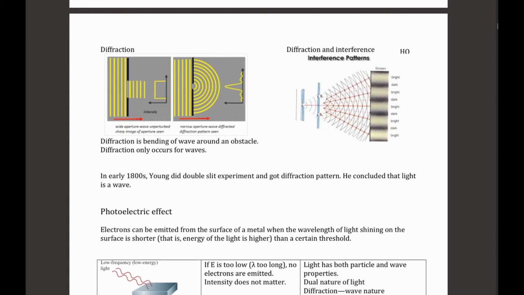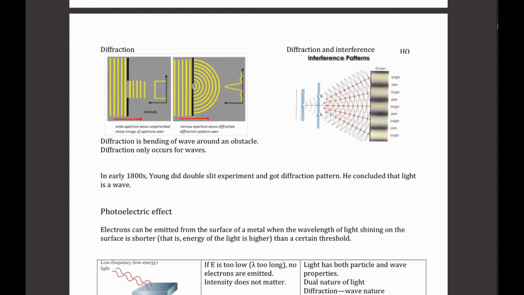Hold your fingers very close together and look at a light source. If you've got them close enough together, you will see this kind of fringe pattern. You'll see light, dark, and that's the interference pattern you're generating using light, making a very small slit between your fingers.